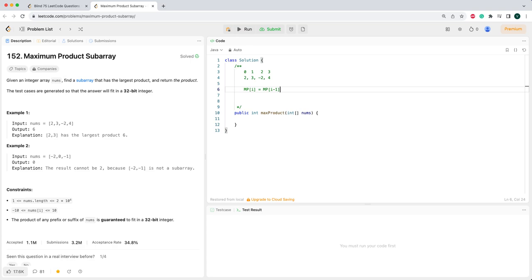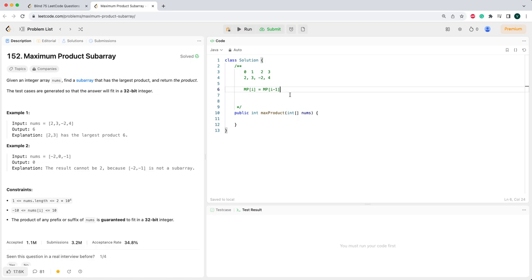Now, to find the maximum product of the I minus 1, this is a product as well, right? So in this, if there is a negative and there is a negative as well, let's say minus 2 and minus 4, then it will become the maximum.